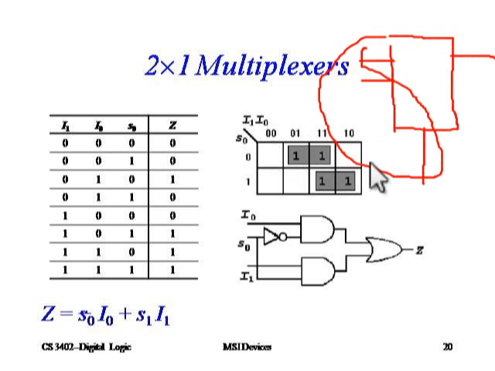If we fill up the K map using this truth table, then we have 1s at positions 1, 2, 7 and 6. So we can make 2 pairs. One is I0 into S0 bar and one is I1 into S0. It is S0 bar into I0 plus S0 into I1. Fine.